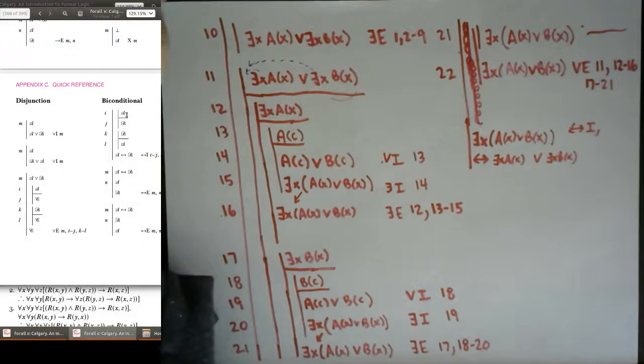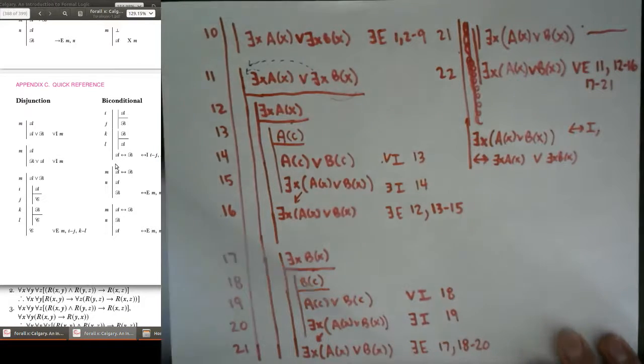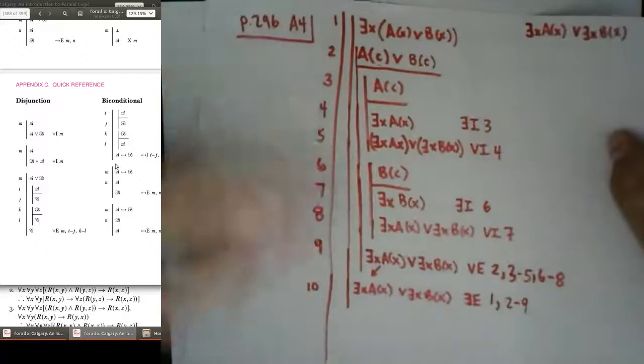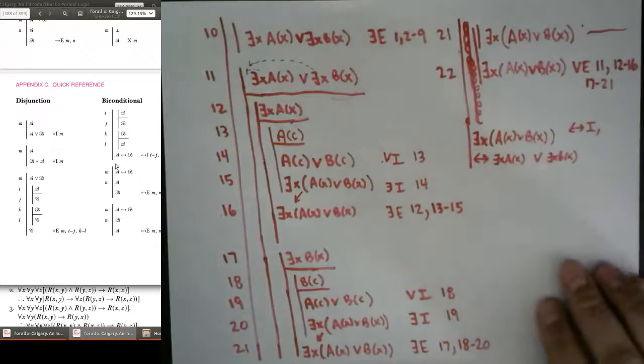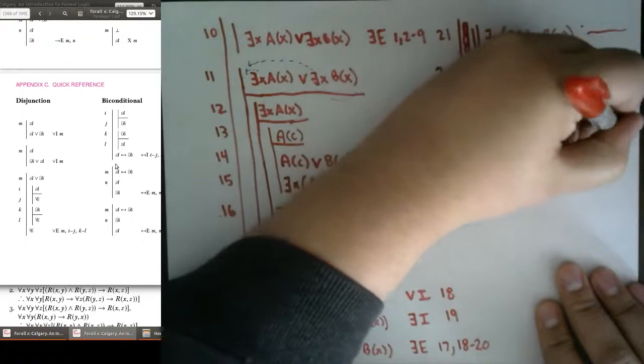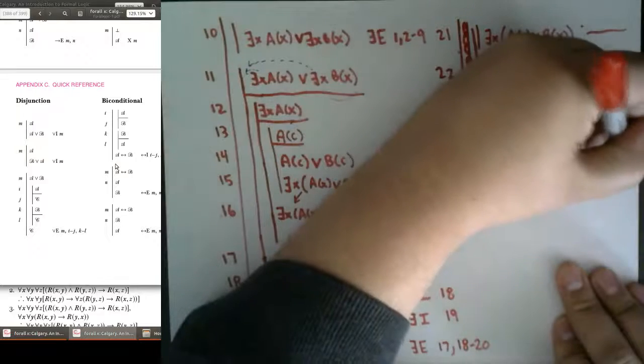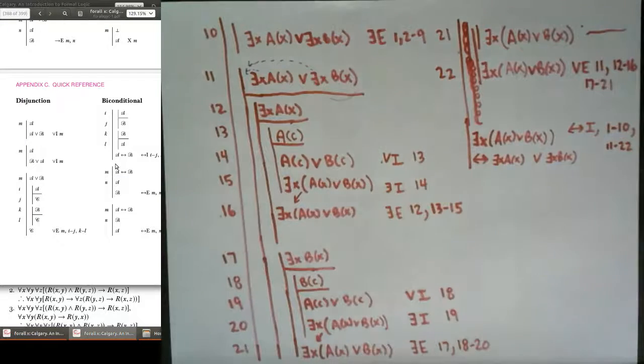Yes, the subproof that the first implies the second and the other way around. So the subproof that the first implies the second was the subproof from lines 1 to 10. Biconditional 1 to 10, and then the subproof from 11 to 22. And that will complete that proof.